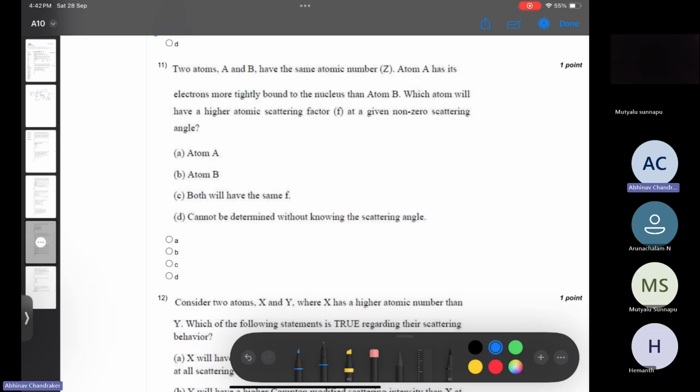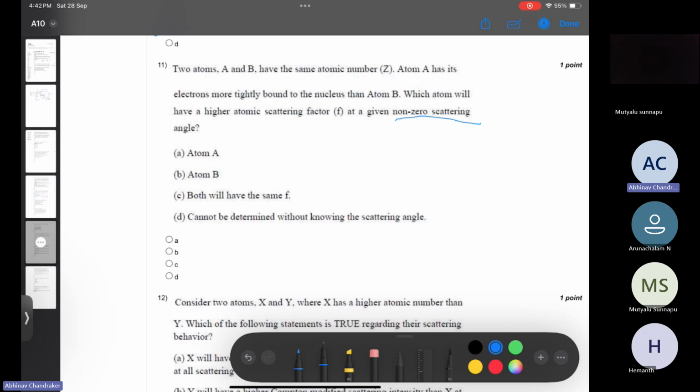So this is, I think, a hypothetical situation where in one case you have electrons more tightly bound to the nuclei than the other for the same atomic number, and the angle of scattering is also the same.